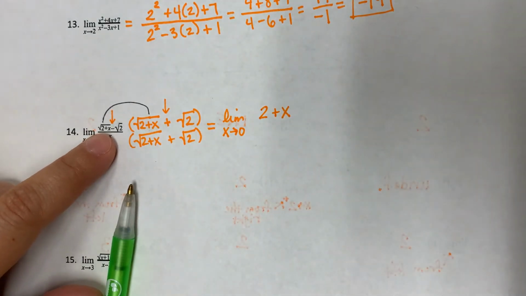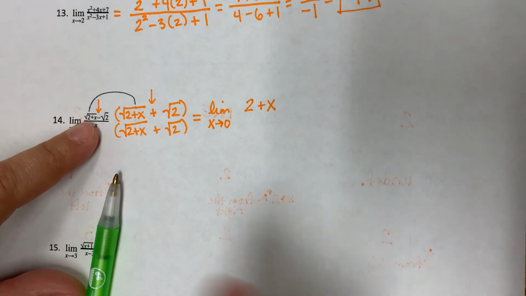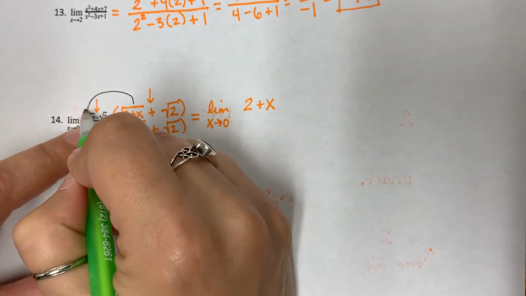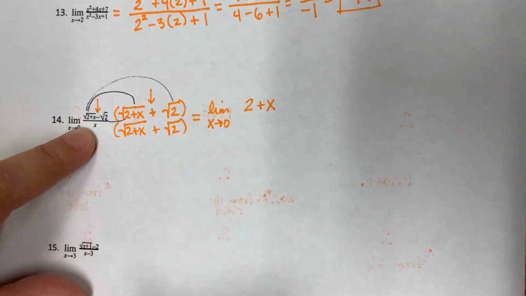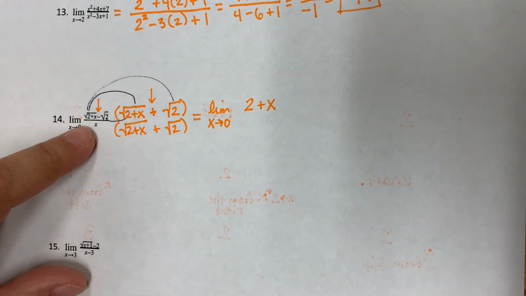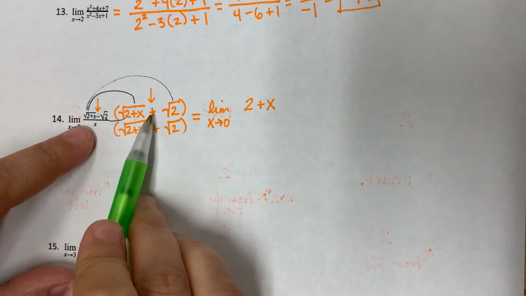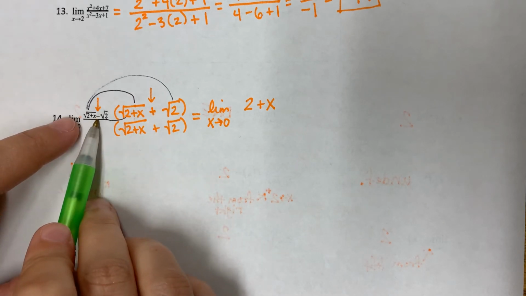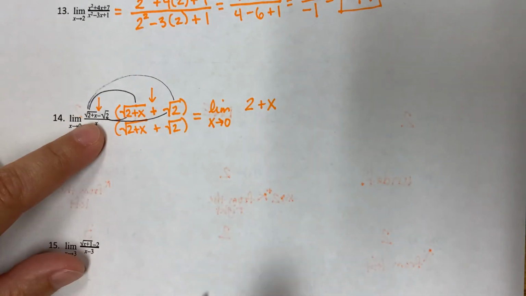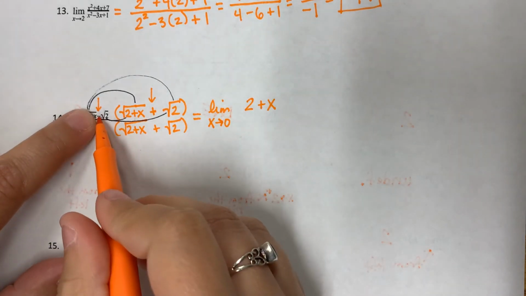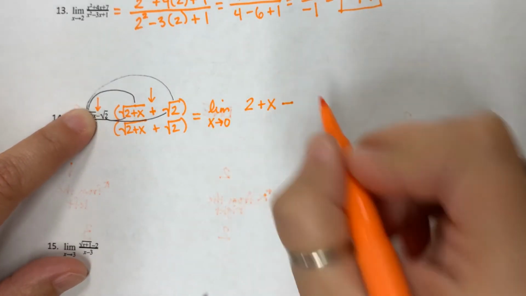So 2 plus x. The next two terms, this one right here and this one right here, will cancel each other because it's the same thing except one is plus and one is minus. So then my last one is the only other one I care about. It's going to be a minus because that one was a minus.